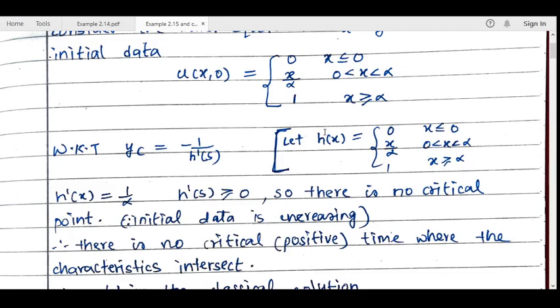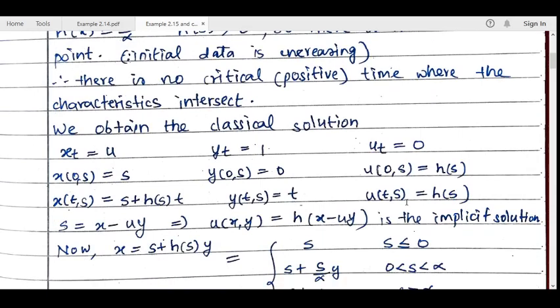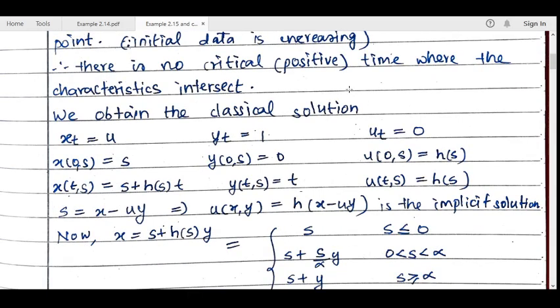Now what is h dash of x? h dash of x is 1 by alpha, and this is always positive. So since h dash of s is always positive, there is no critical point. The reason is that the initial data is increasing here. So we expect that there is no critical time where the characteristics intersect.